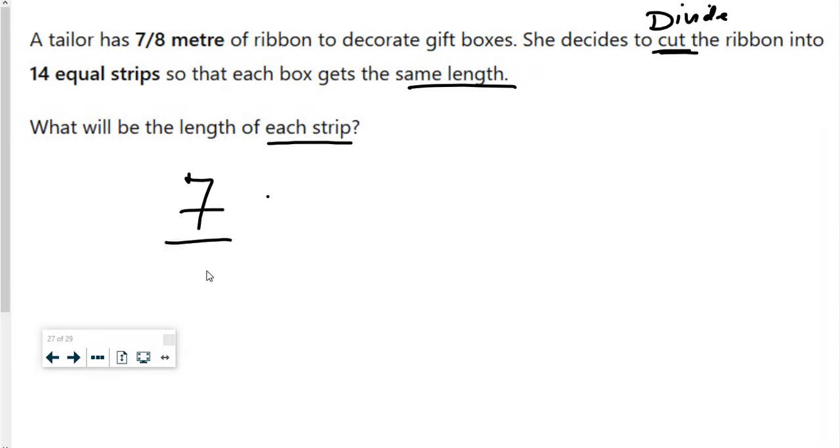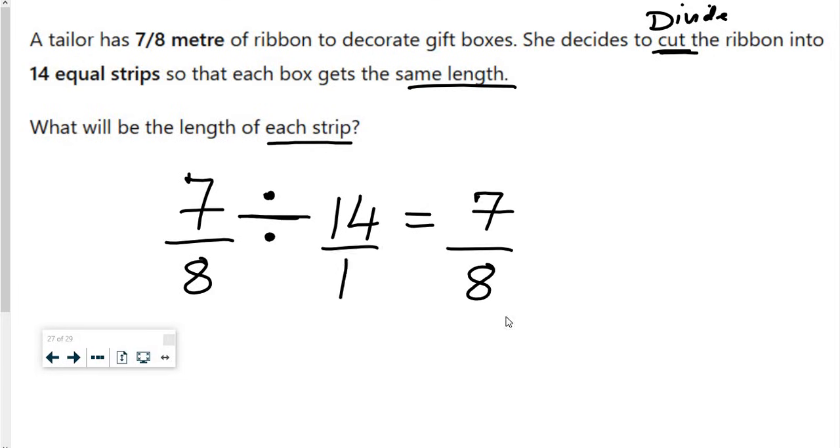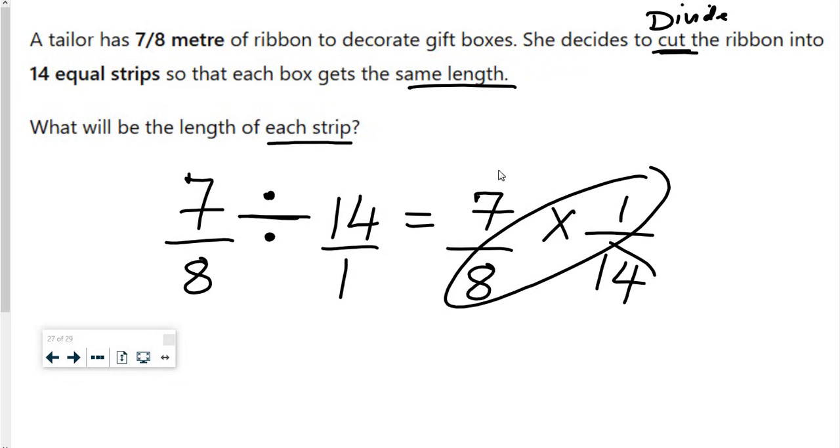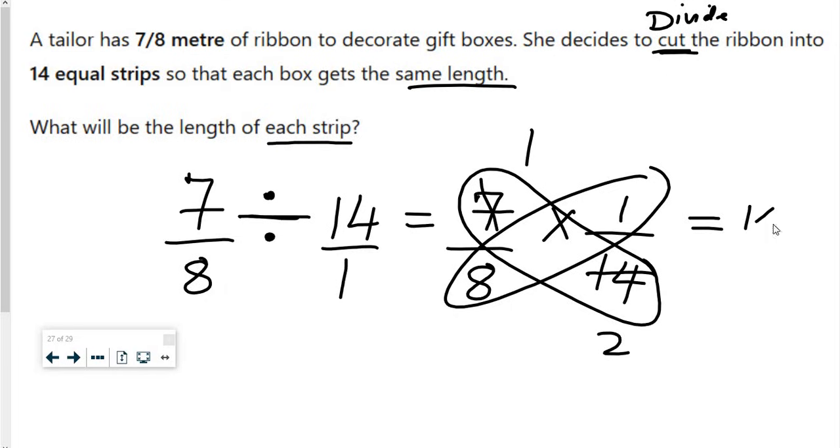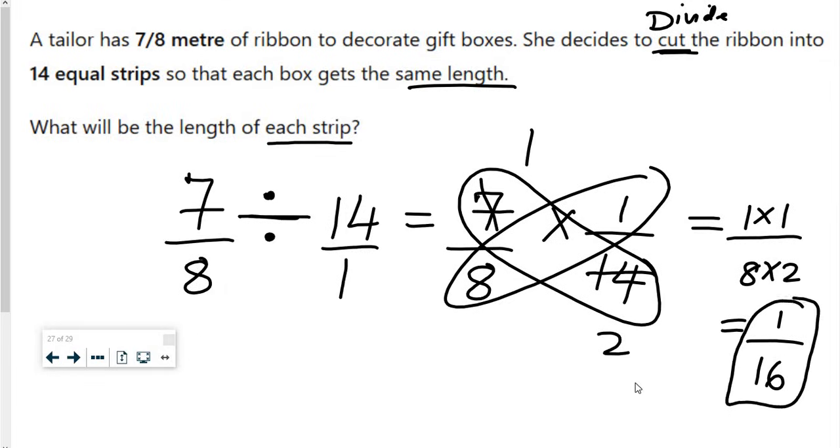So we have 7 upon 8 getting divided into 14 equal strips. So work this out. This will be 7 upon 8 over 1, and then you will have into 1 up, 14 down. Check if we can simplify. Yes, we can by 7: 1, by 7: 2. Answer will be 1 into 1 upon 8 into 2. Answer will equal 1 upon 16. That is your answer.